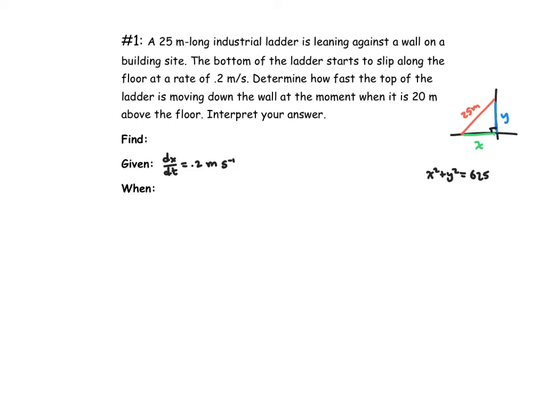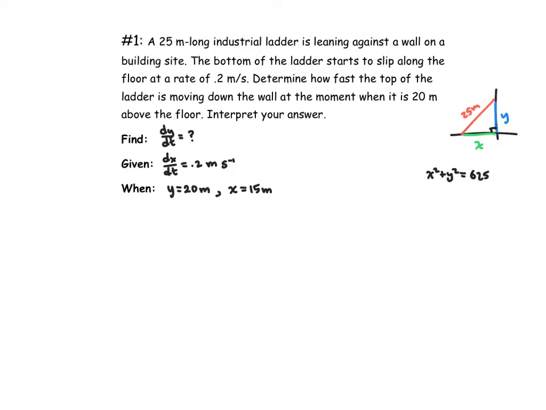So when y equals 20 meters, we want to know what dy/dt is. If you know your Pythagorean triples, you know that if y is 20, then x must be 15. That's a 3, 4, 5 triangle just scaled by a factor of 5.